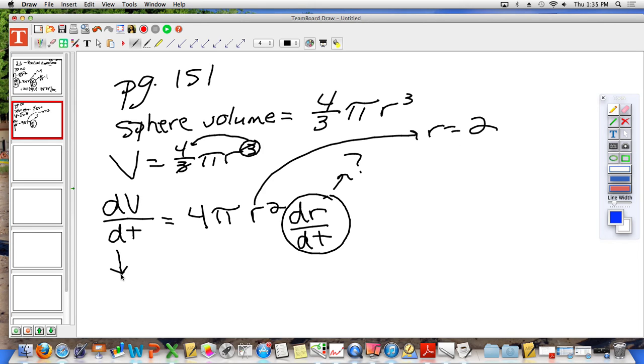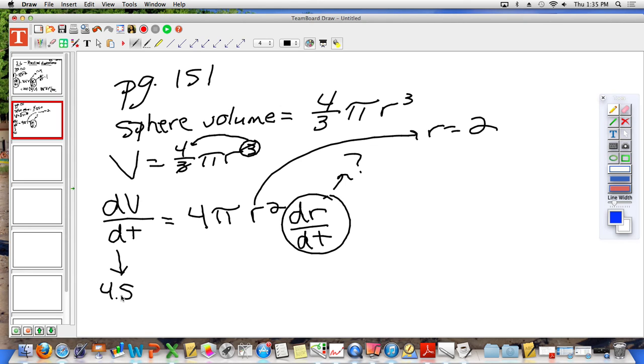It tells you in here that the volume is changing at a rate of 4.5 cubic feet per minute. So 4.5. Our job is to figure out what dr/dt is given that other information.